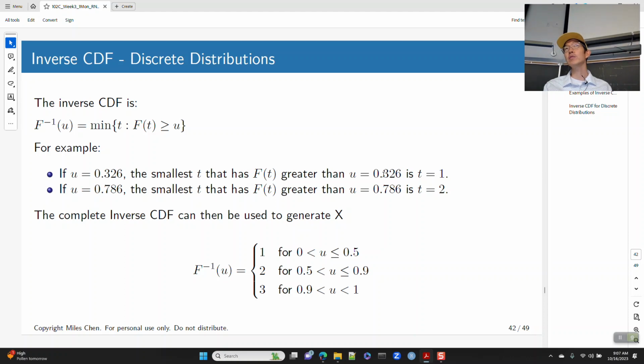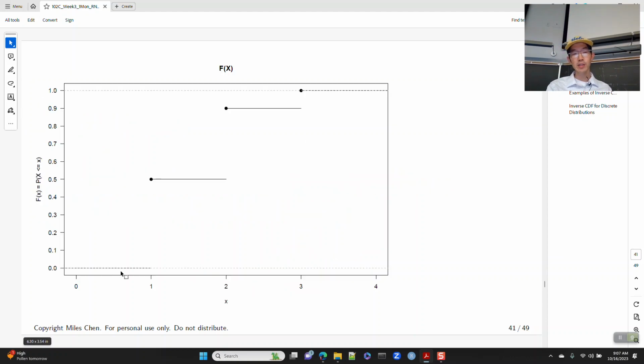So the smallest value has to be 1. Because if I plug in t equal to 1, then my CDF is going to be 0.5, and 0.5 is greater than 0.326. If I plugged in t equal to, say, 0.7, what is the CDF at 0.7?